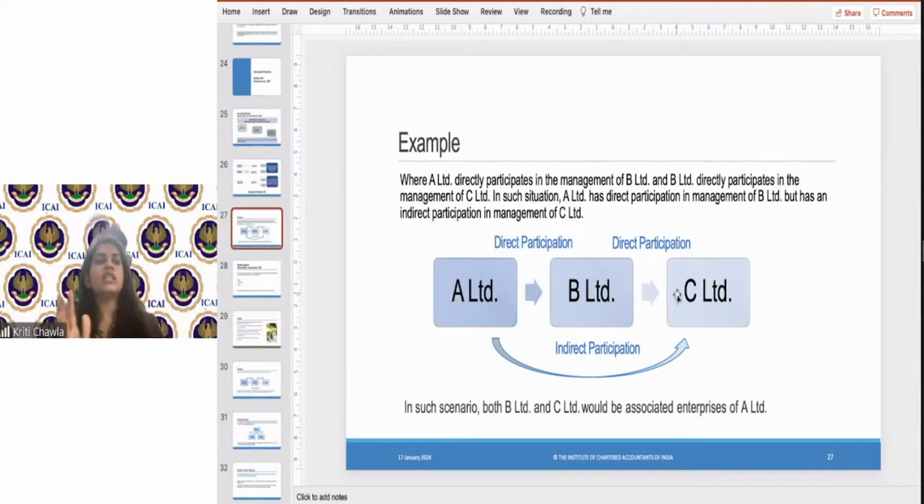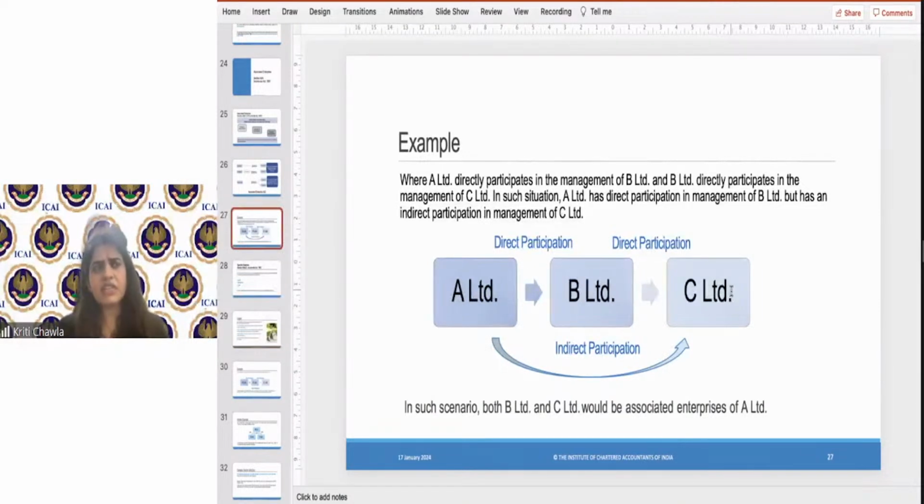What I'm really trying to say is that it is not just direct participation that the Income Tax Act is looking for, but even if company A is indirectly participating in company C through an intermediary in between, then also company A and company C would be associated to each other. So this is what section 92A1 really says.